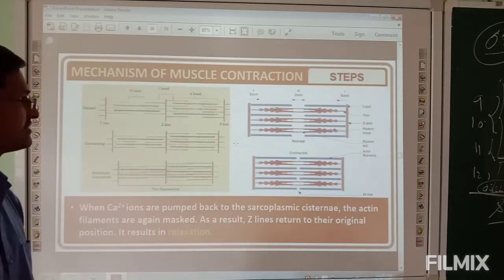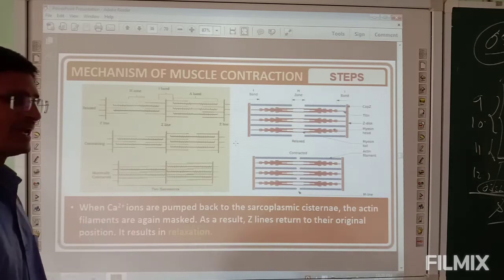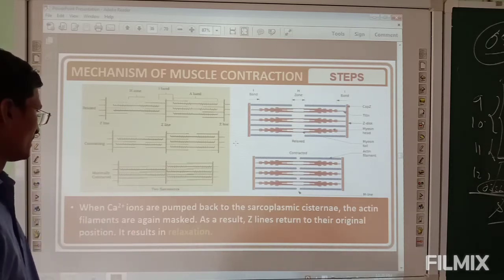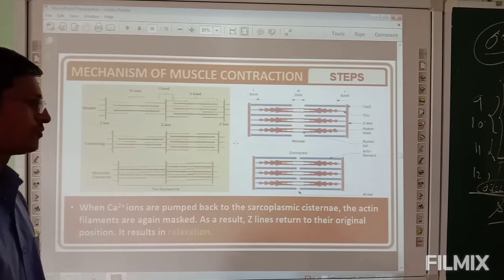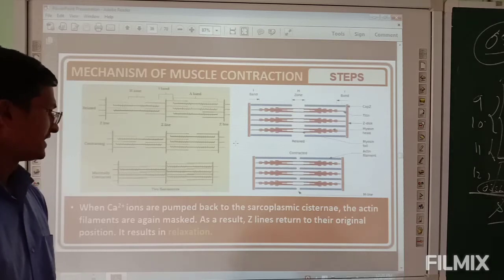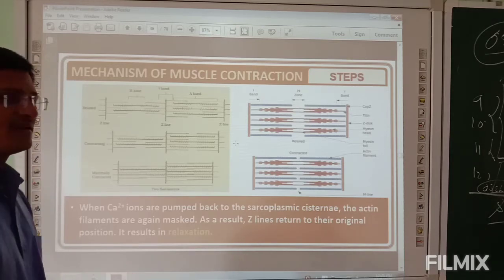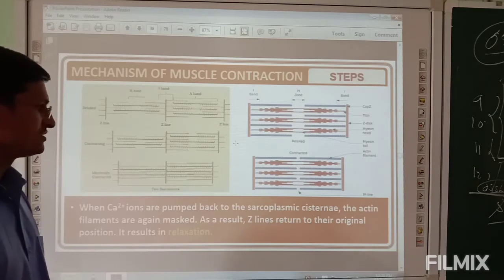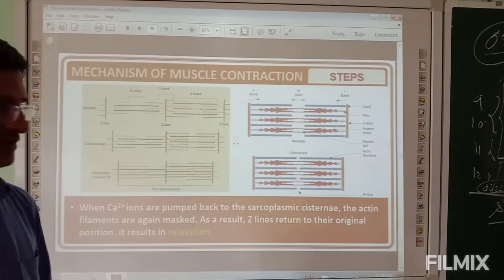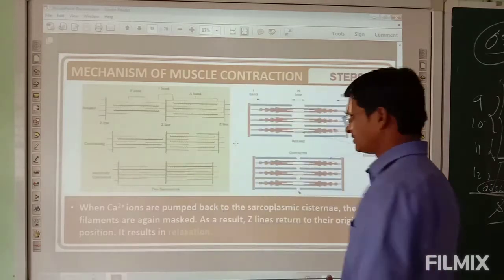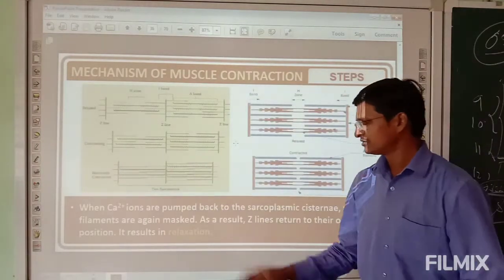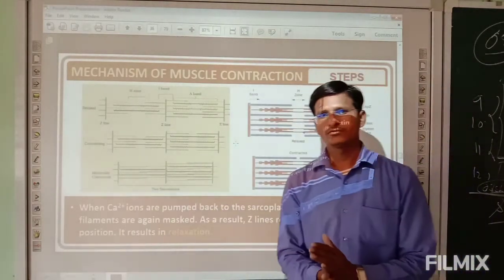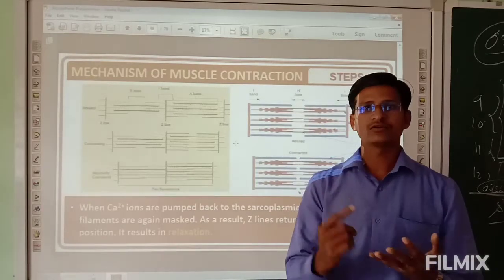The important thing is that when calcium ions are pumped back to the sarcoplasmic cisternae, the active sites on the actin filaments are again masked. As a result, the Z lines return to their original position, resulting in relaxation. My dear students, what we have to understand here is relaxation and contraction.